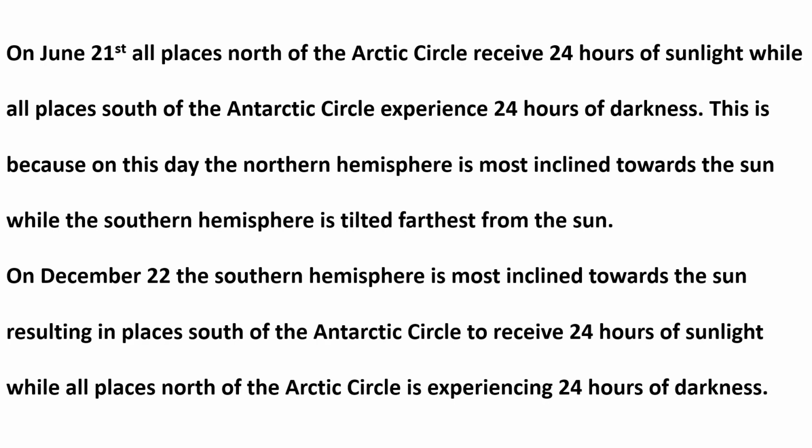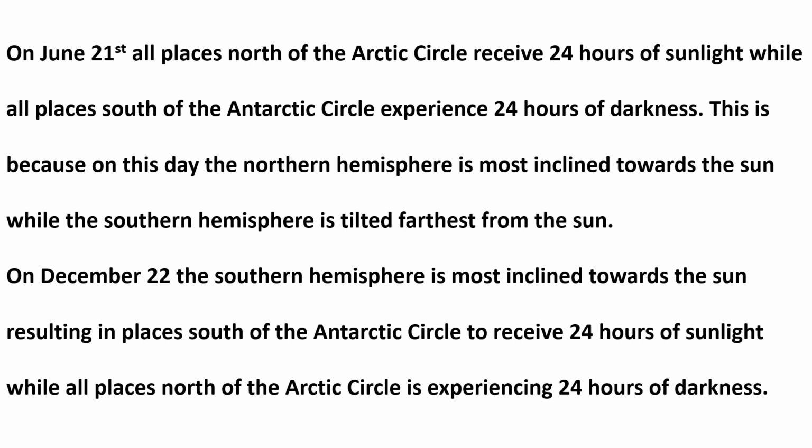Geographers. Now, did you know that the longest day in the northern hemisphere is the 21st of June? Yes, the longest day of the year in the northern hemisphere is 21st of June. And this is because on this very same day, the northern hemisphere receives the longest hours of sunlight than any other time of the year.